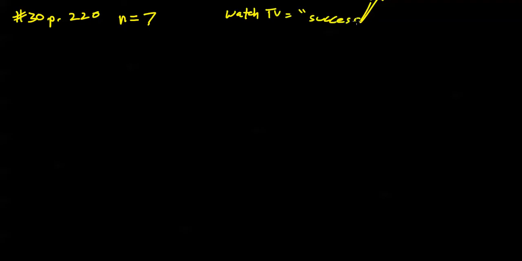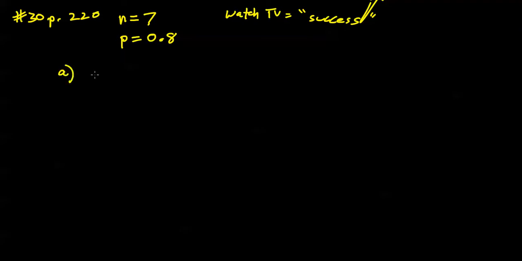So I'm looking for a certain number of successes here in 7. The probability that any one adult watches TV live instead of online is 0.8. And the number of successes we're looking for is going to change.